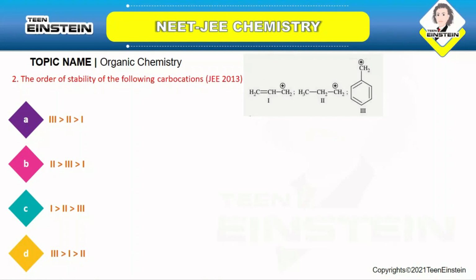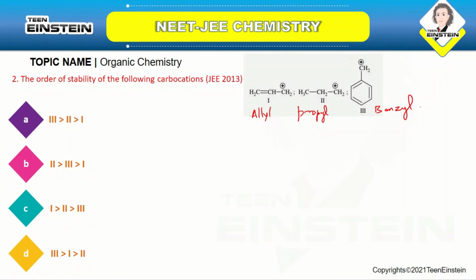The order of stability of the following carbocations. So we want to find out the order for the given carbocations. Here they give 3 carbocations. First one is allyl carbocation, second one is propyl carbocation, third is benzyl carbocation.